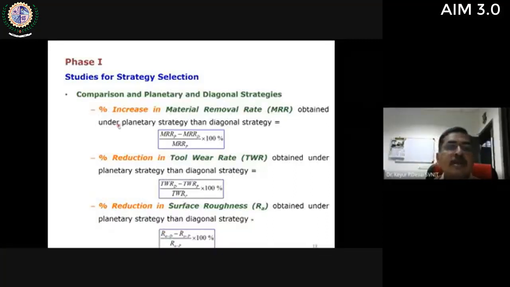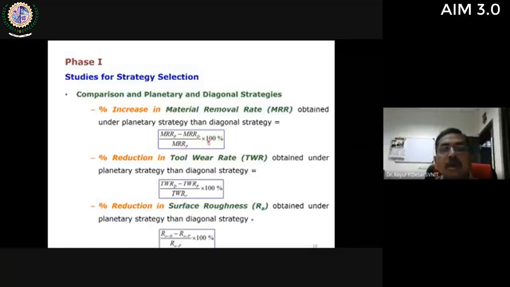For better comparison of planetary and diagonal strategies, the percentage increase in MRR can be arrived at as MRR in planetary tool actuation mode minus MRR in diagonal strategy, divided by MRR in planetary fashion.